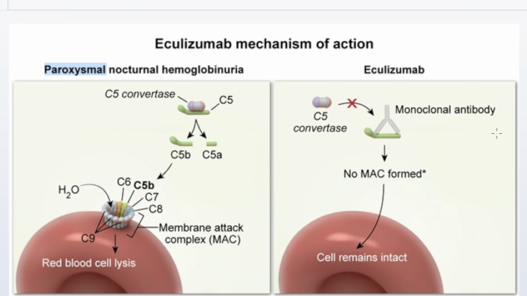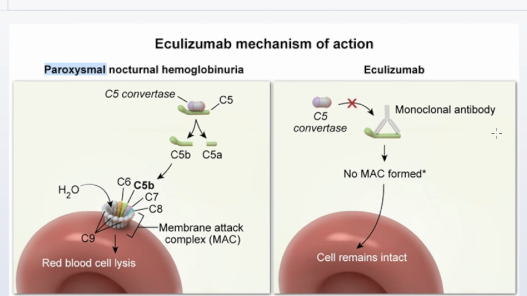Patients with symptoms like fatigue, thrombosis, and transfusion requirement are often treated with a monoclonal antibody. This is the one we just learned, eculizumab.